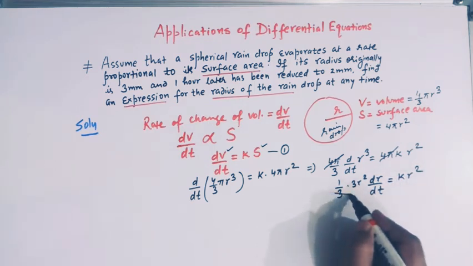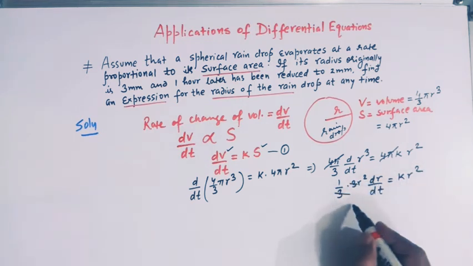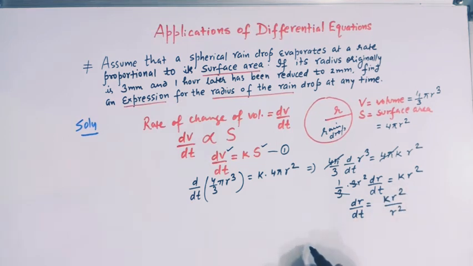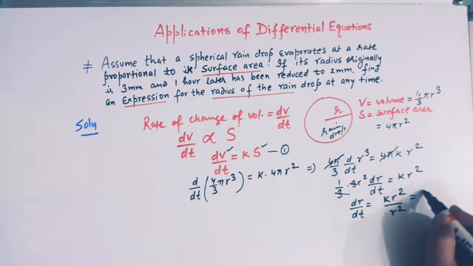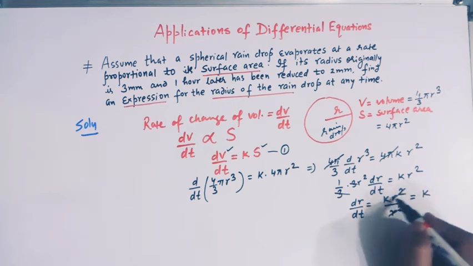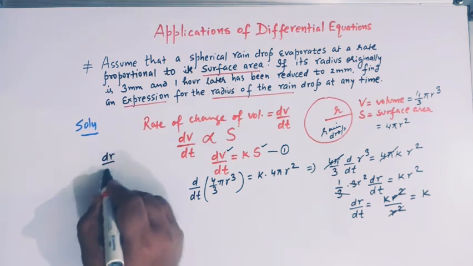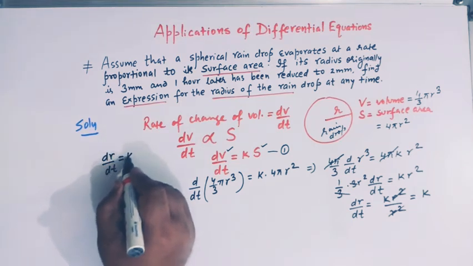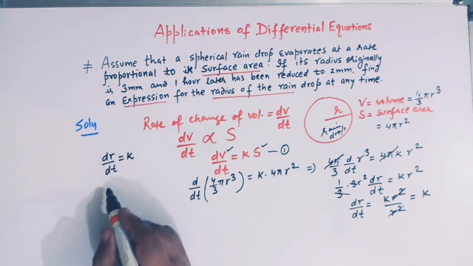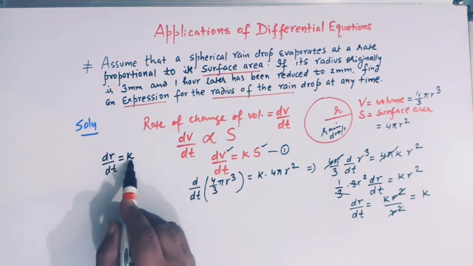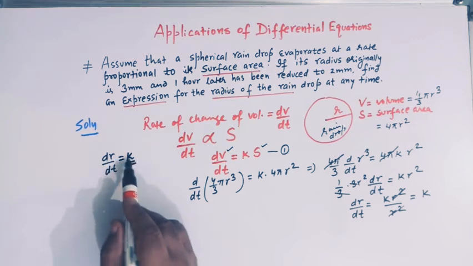Now 3 and 3 get cancelled, so dr over dt can be written as kr square over r square, which is equal to k, because r square and r square get cancelled. So we have dr over dt is equal to k. The rate of change of the radius is equal to the constant of proportionality.